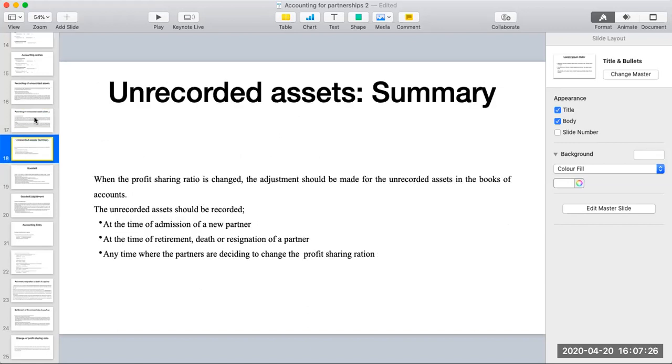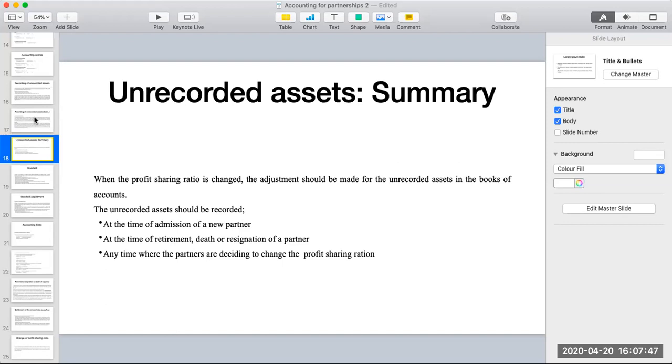What is the conclusion? When the profit sharing ratio is changed, an adjustment should be made for the unrecorded assets in the books of accounts. So, what are the instances of recording these unrecorded assets?